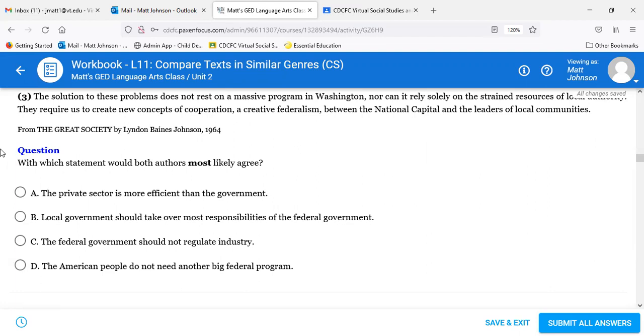Which statement would both authors most likely agree? A, the private sector is more efficient than the government. B, local government should take over most responsibilities of the federal government. C, the federal government should not regulate industry. D, the American people do not need another big federal program.